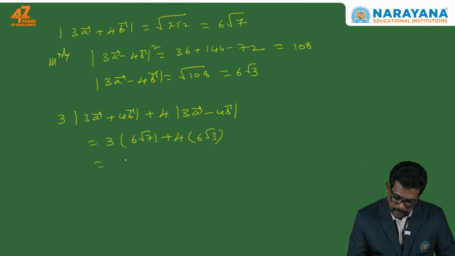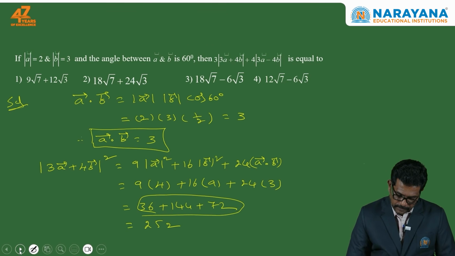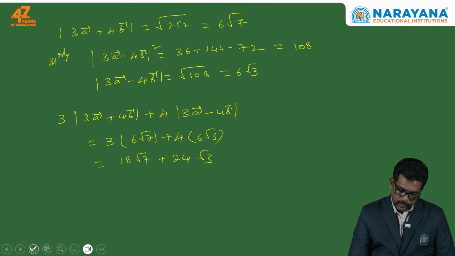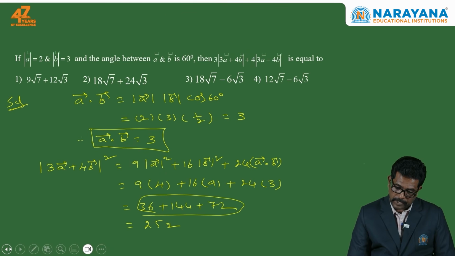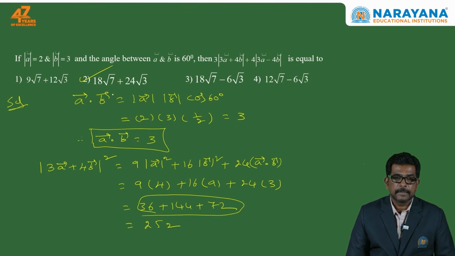Observing the options, we are going to simplify. So it is in terms of root 7 and root 3. That's why directly this is 18 root 7 plus 24 root 3. That is the second option. The second option is right.